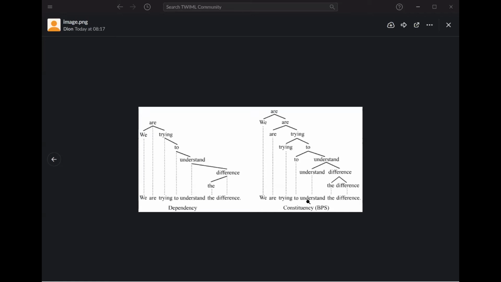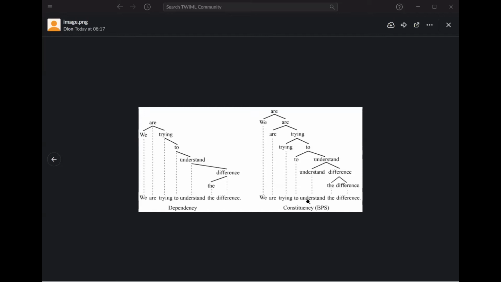So the right one wants to represent some structure or hierarchy or some order of the sentence. As you can see, to understand the difference, in that phrase the core point is "to," which is called the head or governor.